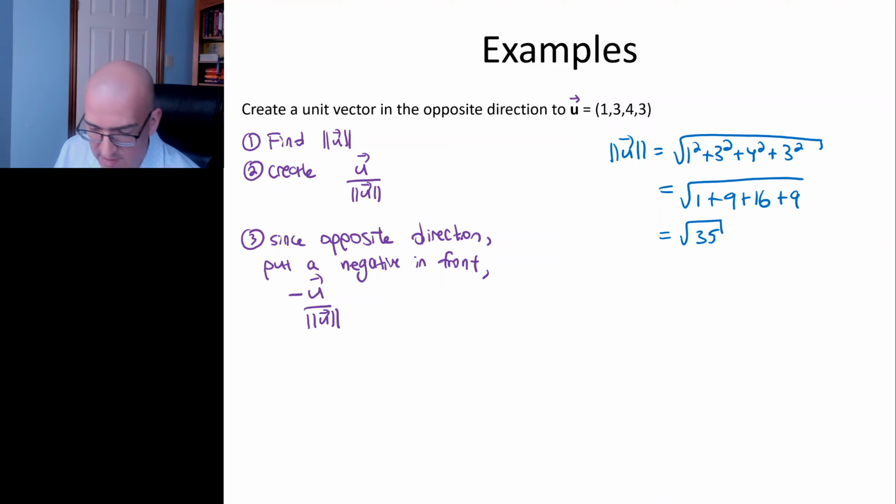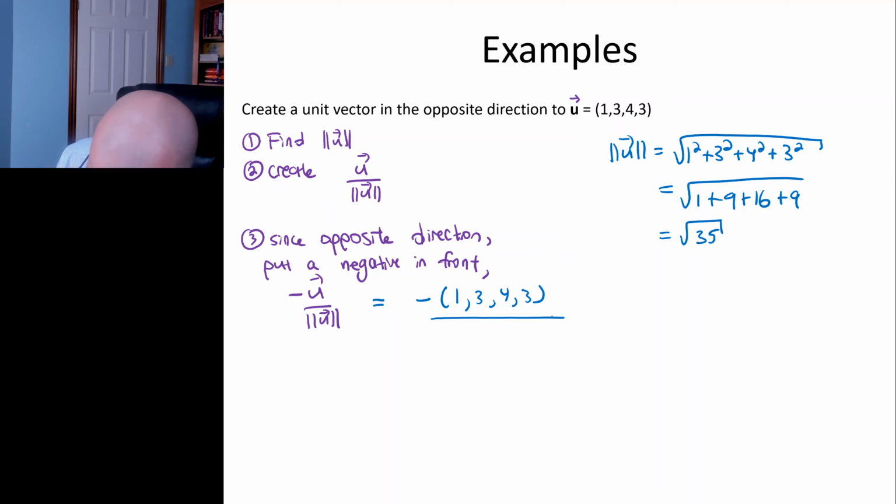Now I'm going to create that vector. I'm going to do steps 2 and 3 at the same time. So this is negative (1, 3, 4, 3) all divided by the square root of 35, which means we divide each of those components by the square root of 35 and put a negative in front of each one.